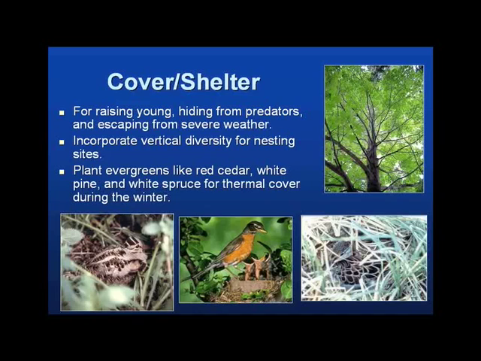So for instance, that woodcock on the lower left-hand corner of your screen is a ground nester. It nests in the leaf layer, vegetation layer on the forest floor. So you need to have some sunlight penetrating the forest floor so that there's some nice vegetation on the bottom.